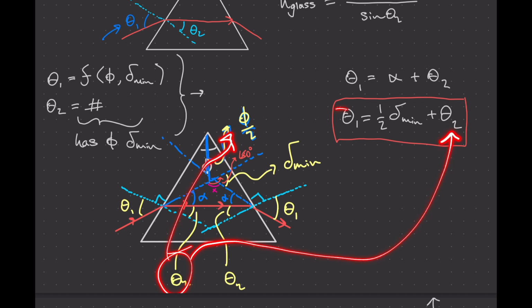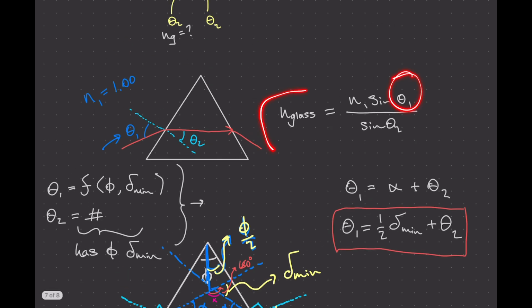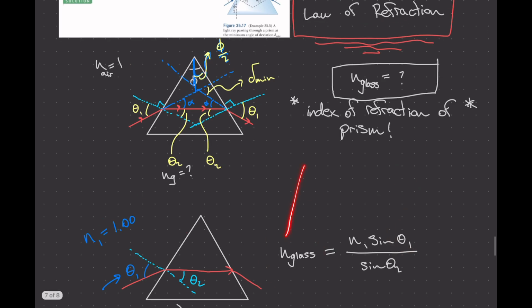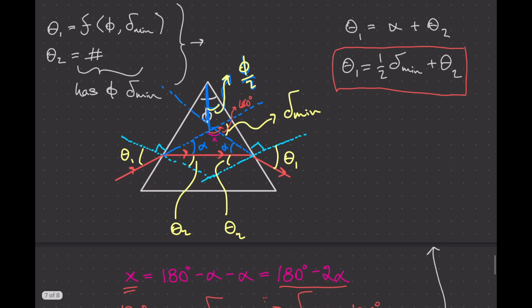Then we can plug theta 2 into this equation and find a relationship for theta 1. Then theta 1 we can plug into our original equation here to get the index of refraction of glass, which will answer the whole question.